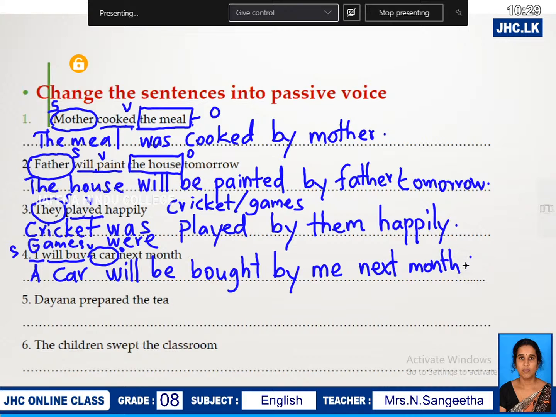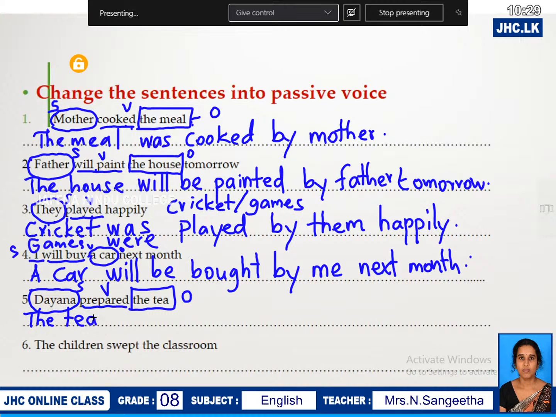Right? Then the fifth one. Diana prepared the tea. Who? Diana. This is the subject. What did she do? Prepared. What did she prepare? The tea. So bring the object to the beginning. The tea.